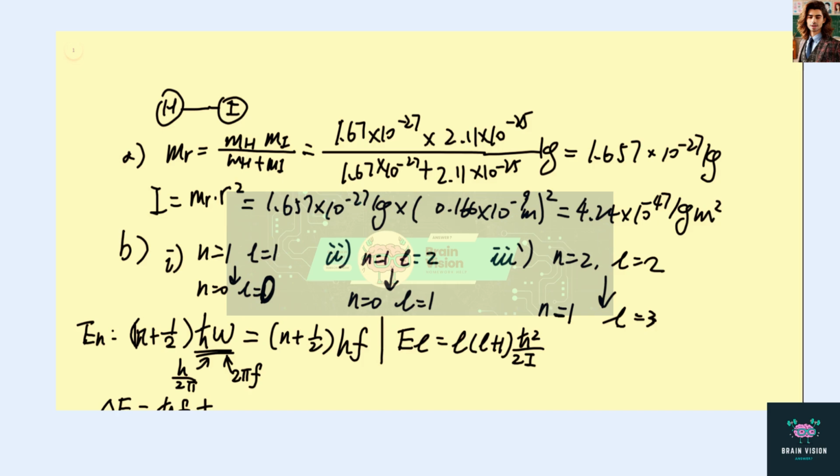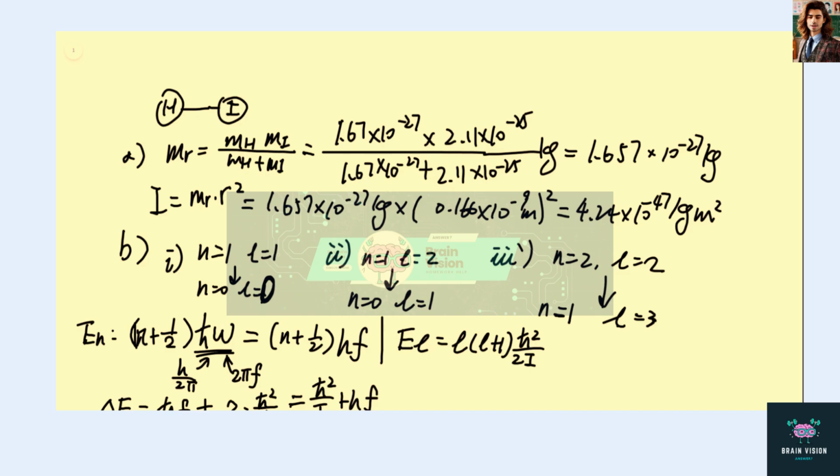When L equals 1, this number is equal to 2 times h bar squared over 2I. When L equals 0, E_L equals 0. So the total amount of energy that changes is h bar squared over I plus hf.